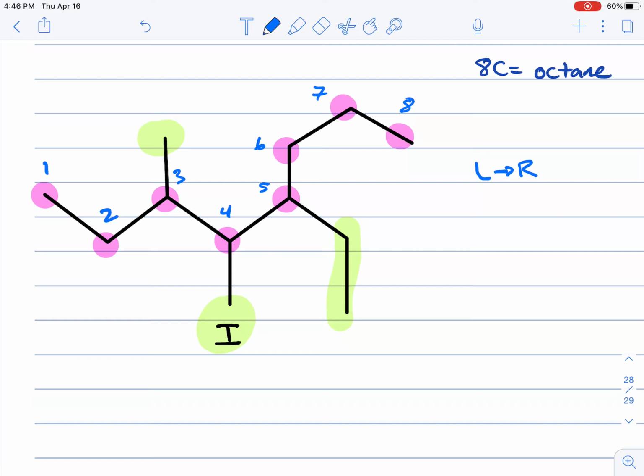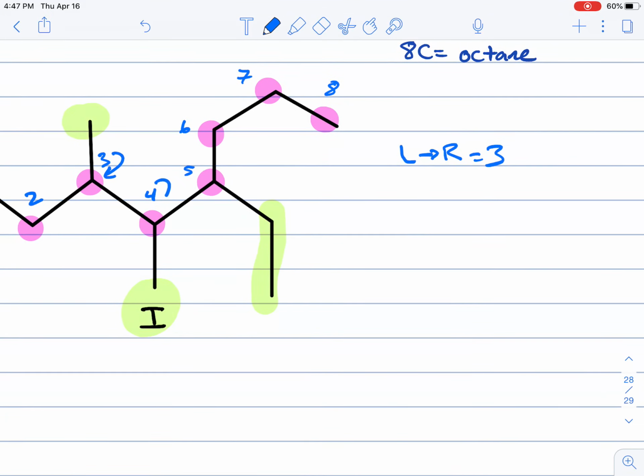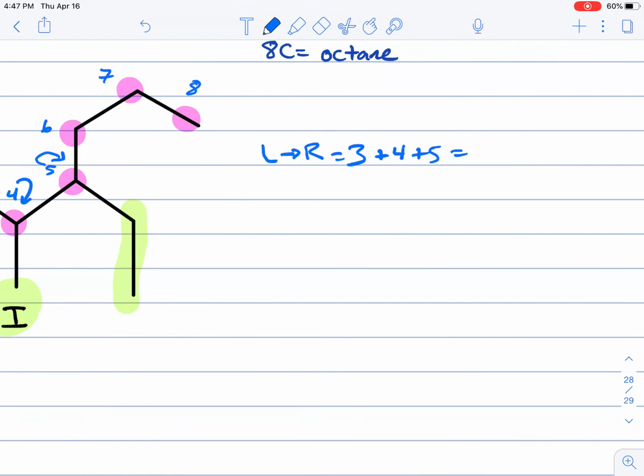Okay. And so if you look, we have a substituent on carbon 3. And we have another substituent on 4. And we have another substituent on 5. And so in total, we have 3 plus 4 is 7. 7 plus 5 is 12.